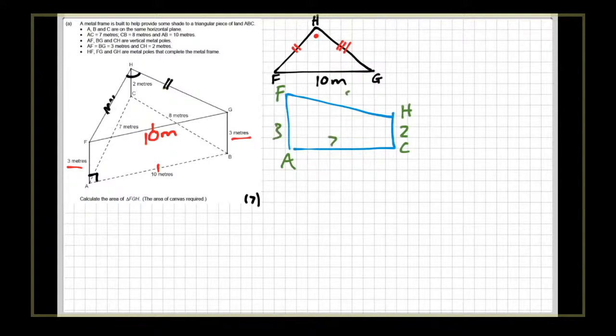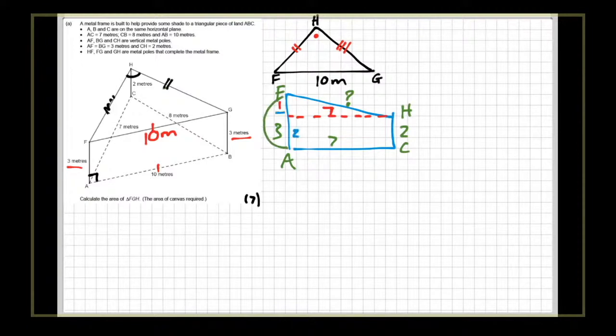So now the question is, I need the length of that specific side. So I'm going to construct my own little triangle, because that is also 7 and that is 1. Now you might say, where do I get the 1 from? Remember, the whole side is 3 and that little part is 2.